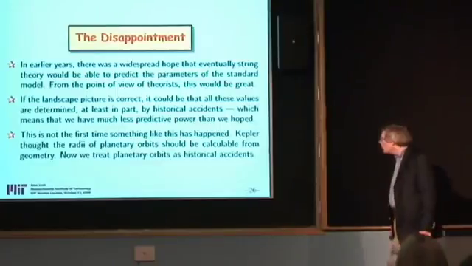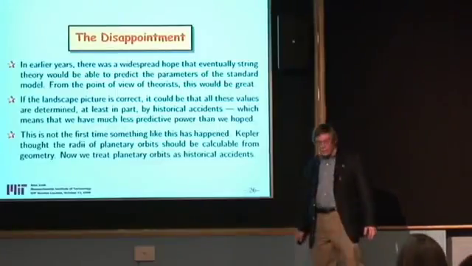That would be great if it happened. But if this landscape picture is correct, it could really mean that all of the parameters of the standard model have the values that they have just out of historical accidents. It's the vacuum that we happen to fall into, and in different vacua they would have different values, and there would be no way to predict what the value would be, and that would be disappointing.